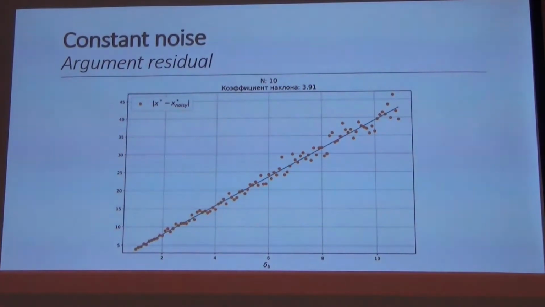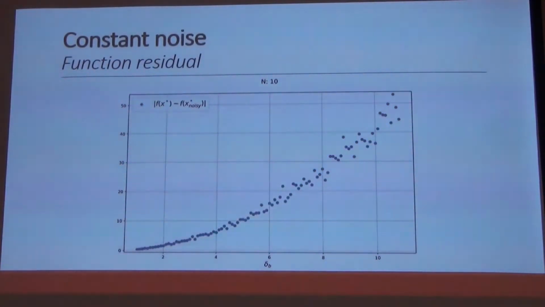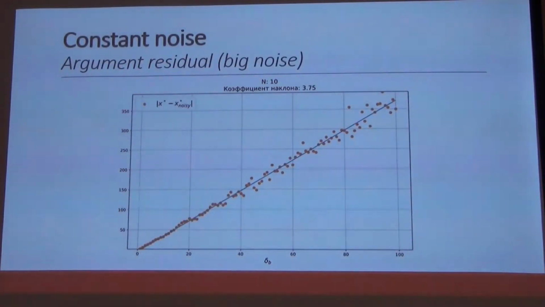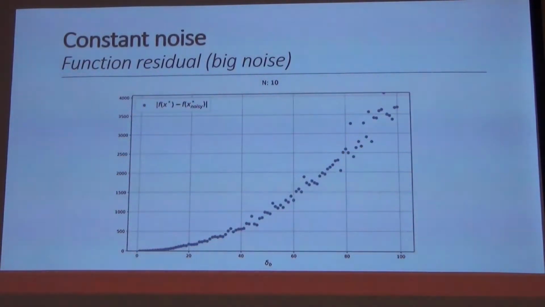The next is the function residual. This is something quadratic. I also consider bigger deltas from 0 to 100, and this is still linear, but this is quadratic also, and this is quite obvious.